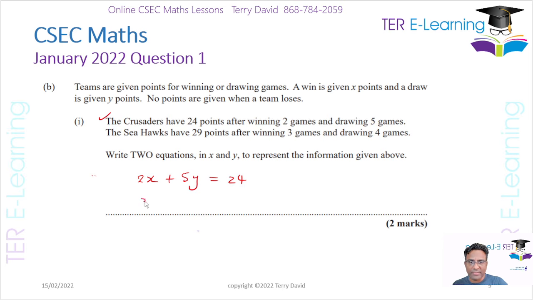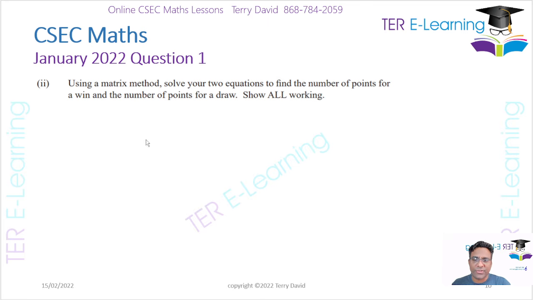Next one here, we have 3 games, that's 3X plus 4Y is equal to 29. So those are my 2 equations here. What we essentially have is a pair of simultaneous equations. Use the matrix method.